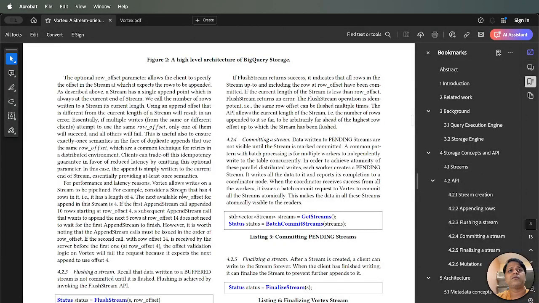Again, pipelining talks about how it can write in parallel. Pipelining means, to the same stream, if we have multiple offsets already determined through the data, then multiple clients can write to different offsets in parallel, but they cannot overlap.